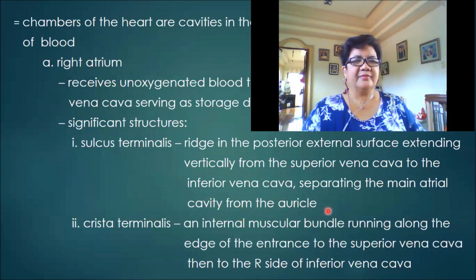Then you have your crista terminalis, which is an internal muscular bundle running along the edge of the entrance to the superior vena cava, then to the right side of the inferior vena cava. So your crista terminalis will just be a muscular bundle, but it will separate the blood coming from the superior vena cava and the blood coming from the inferior vena cava.